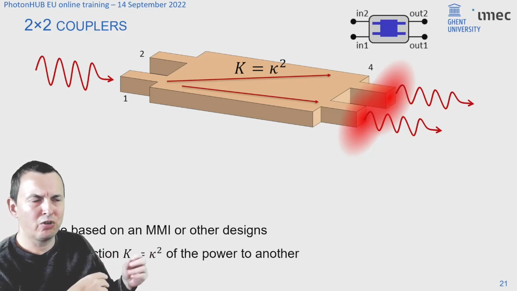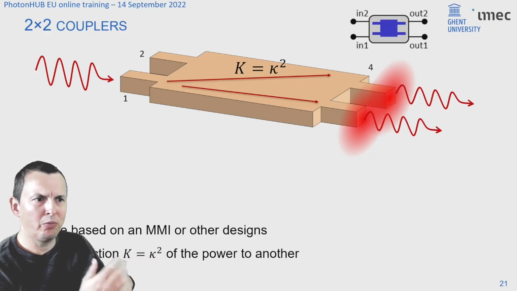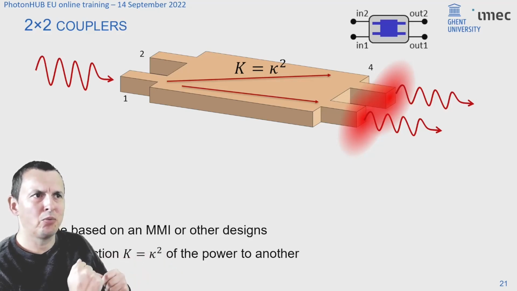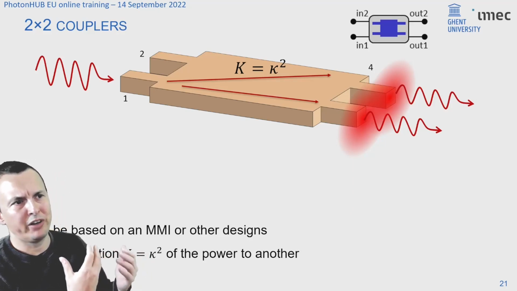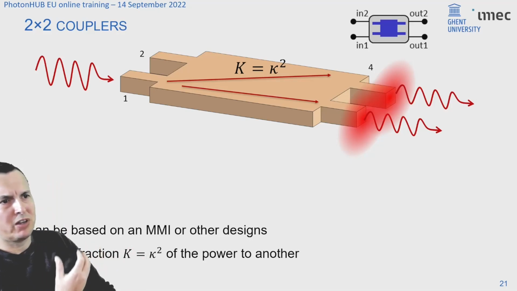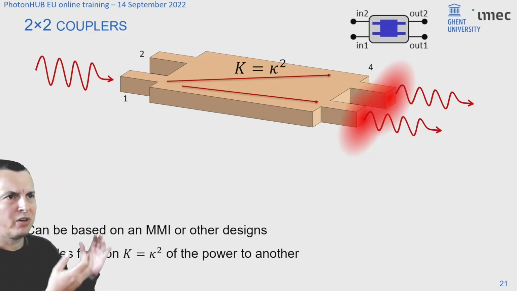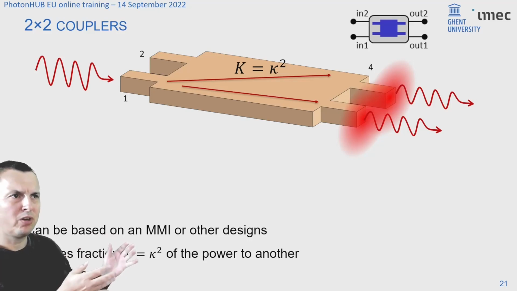If the light does not go into one output port, it will end up in the other output port. So you can always recycle your light and work with your light with such 2x2 couplers. So this is actually quite important advice. If you design circuits, you have to be wary about how you use these couplers, because indeed with a 2x2 coupler, you can really recover all of your light.